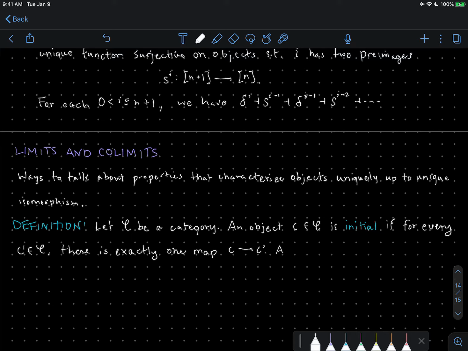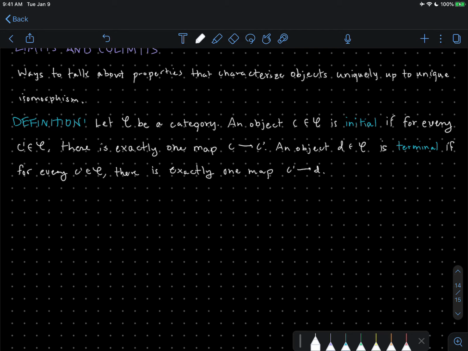Dually, an object d is terminal if for every c prime there is exactly one map from c prime to the terminal object.